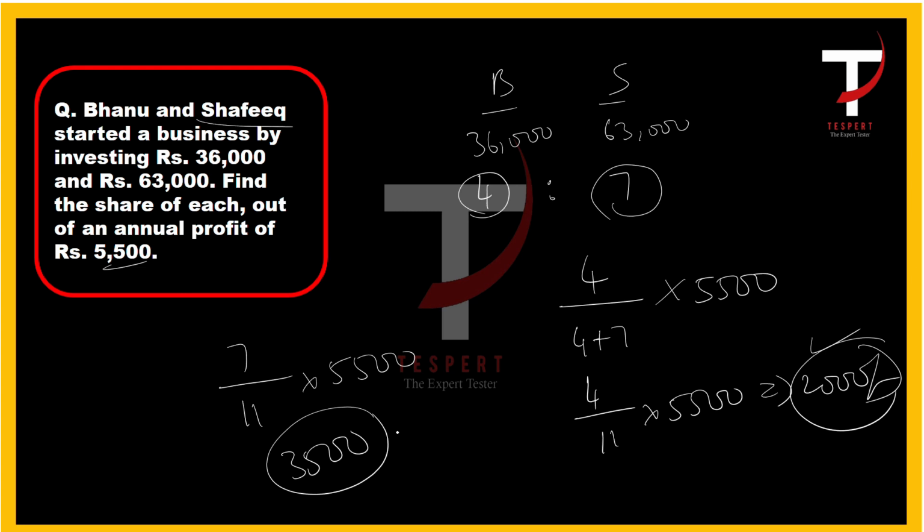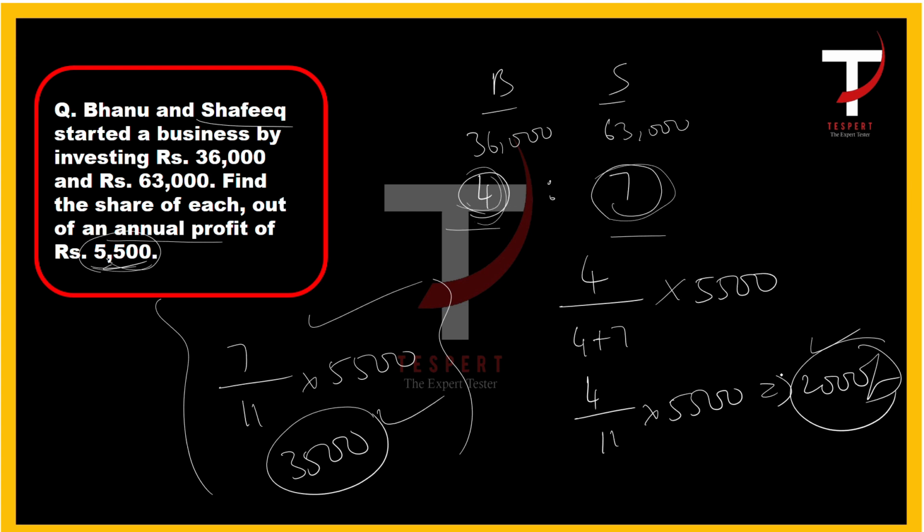But how did we arrive at this? Here we first calculated the ratio of their investments. After that, the annual profit that they got is divided in the same ratio of their investments, right? So the profit is divided in 4:7 ratio. You can also check whether we get 4:7 or not.